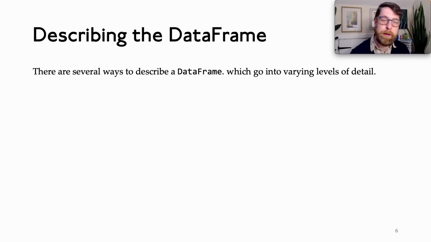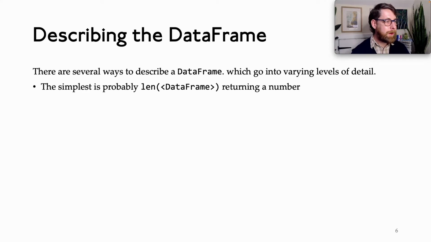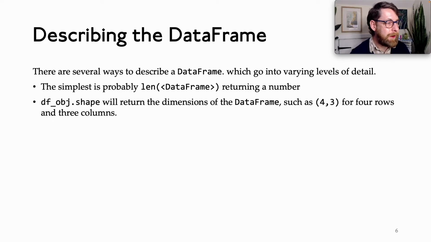I'm going to introduce them first, and then we'll go back to JupyterLab. The simplest is probably len, the number of things in a data frame. But remember, in this case, it's the number of rows. Again, reinforcing that. Object.shape will return the dimensions, rows and columns, in these parentheses here. That's called a tuple.